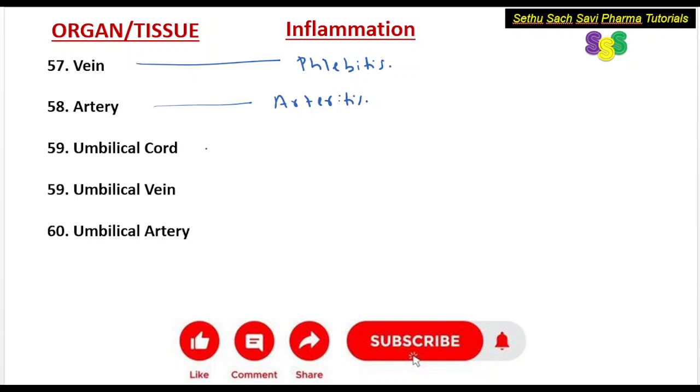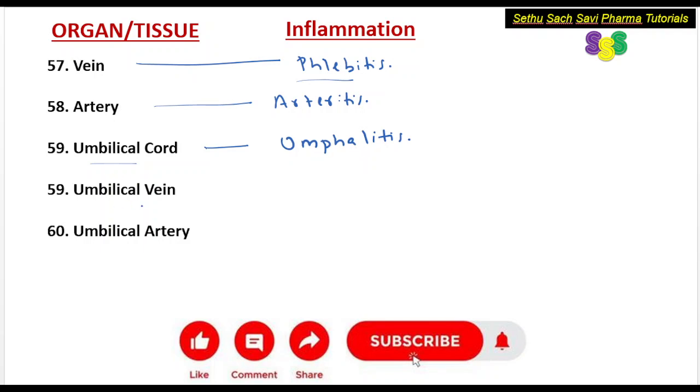Now coming to the inflammation of umbilical cord, it is called omphalitis. We have said that inflammation of vein is called phlebitis and inflammation of umbilical cord is called omphalitis.